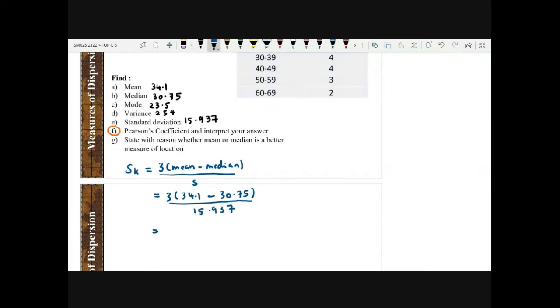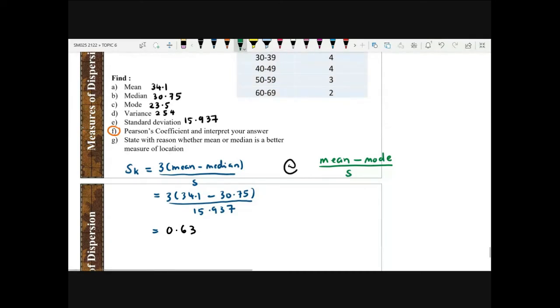Okay. Lepas tu, awak tekanlah calculator. Saya bagi masa untuk awak tekan calculator yang dapat apa jawapan tu. Okay. Dah kot, dah tekan calculator. Alright. So, for the first one, our Pearson coefficient should be 0.63. Okay. That's for the first formula. Or we can use another one, the second formula, second option is mean minus mode divided by standard deviation.